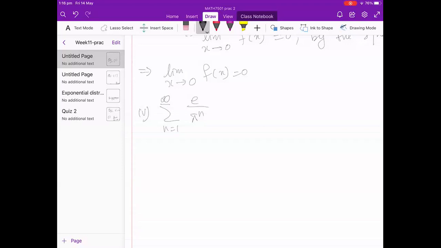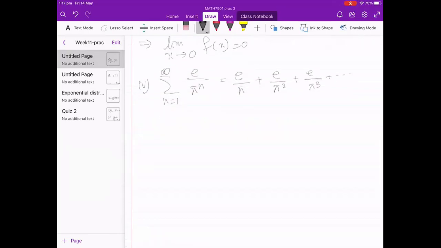Geometric, yeah. So what's the first term? The first term is when n is 1, so that's e to the power pi. Plus the second term, the third term, and it goes on. So in a geometric series, the series is in the form a r to the power n. What is a here?